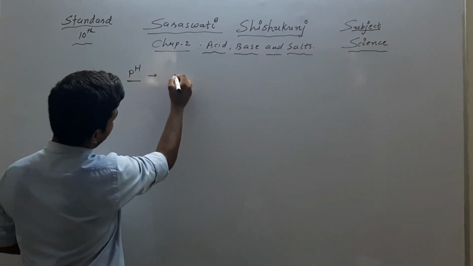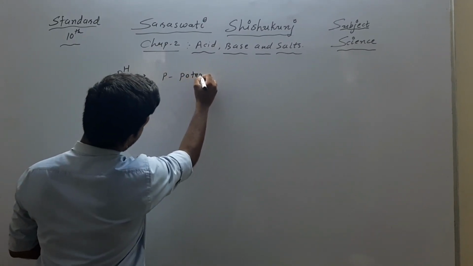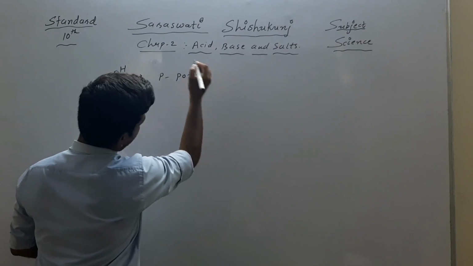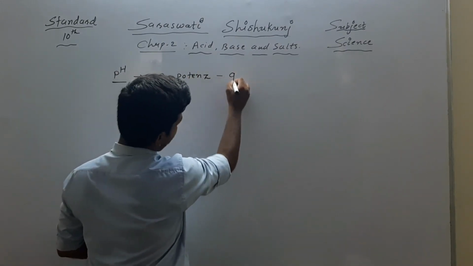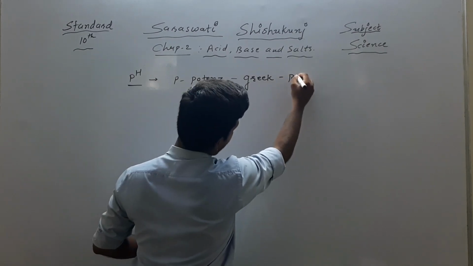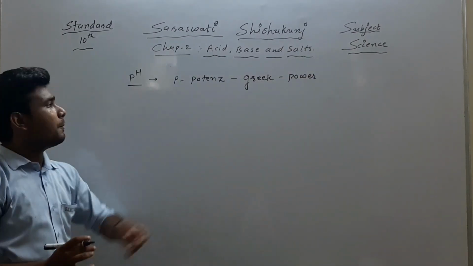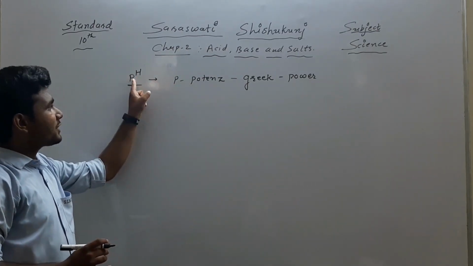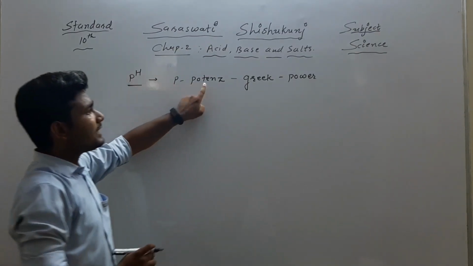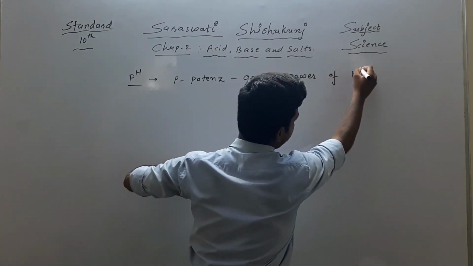This P stands for potence, in Greek. It means power. So potence stands for P, and H means power of H plus.